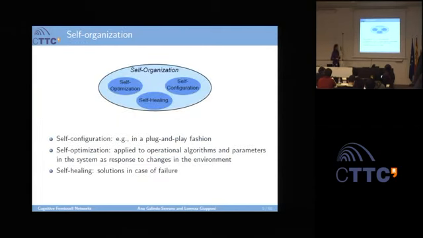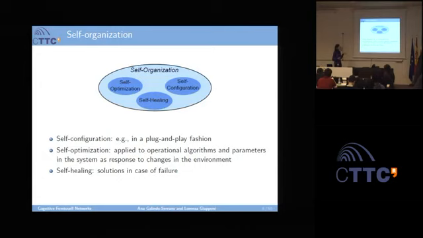From our point of view, there are three main groups of self-organization techniques. We divide them into self-configuration, self-optimization, and self-healing. The first group, self-configuration, comprises all the algorithms for the setup configuration.